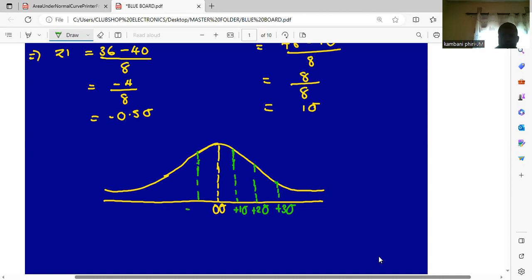Here negative 1 mu. Then we'll go to negative 2 mu. And finally, we have negative 3 mu. I'm unable to use a ruler for some reason, so I'll just do this.